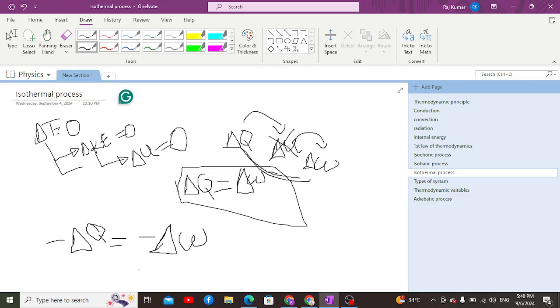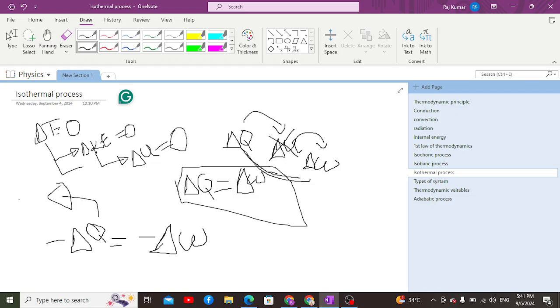So in this case, what actually happens is that whenever there is a decrease in the thermal energy of the system, it's once again not the internal energy, but the thermal energy.